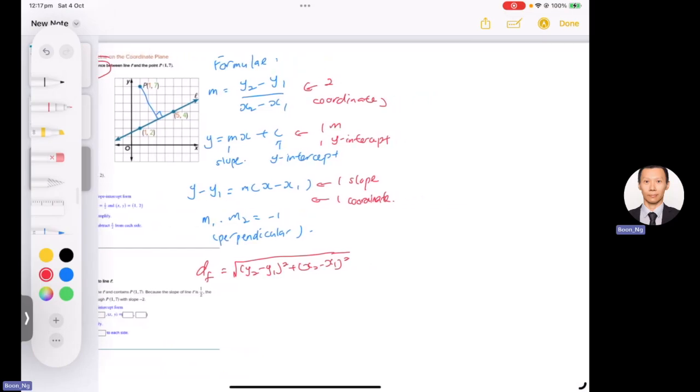First things first, we need to form an equation. Let's call this A, B, and this point O. We need the equation for AB in the form of y equals mx plus c.